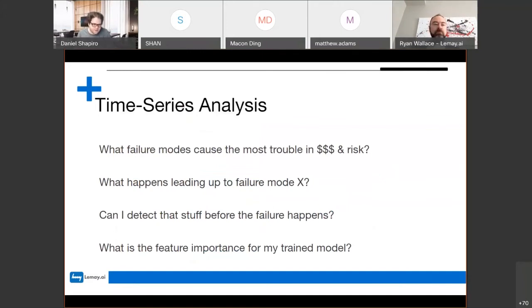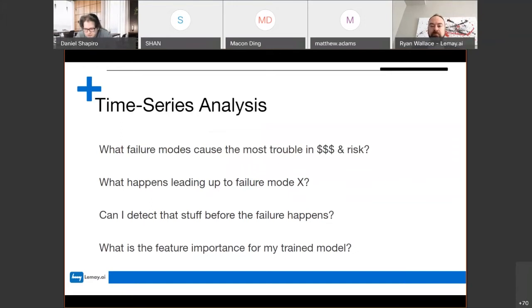And so when you're looking at these different failure modes, you go, okay, I have an expensive, risky, either or both failure mode. Let's see if we can figure out how to predict that thing in advance to mitigate that happening in the field. And so you want to know what's the prior, what's happening leading up to the failure mode.